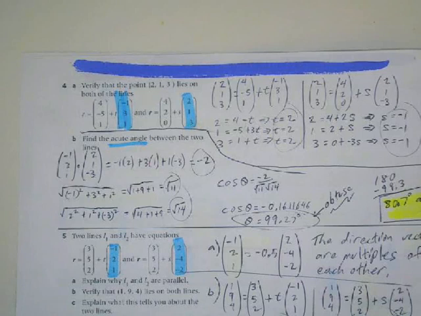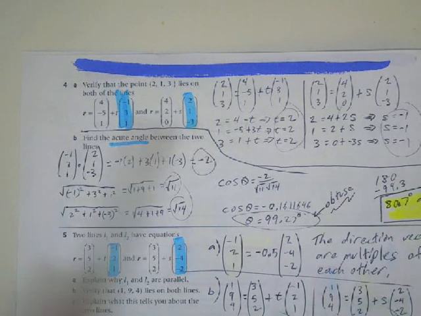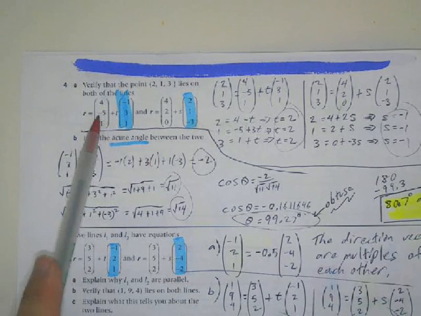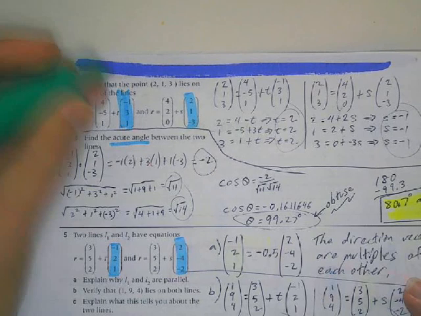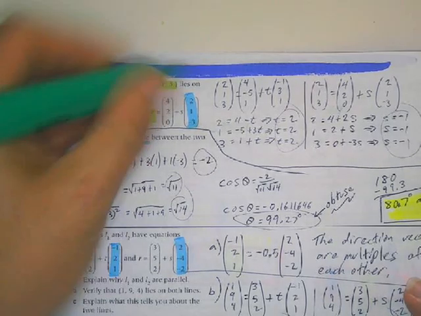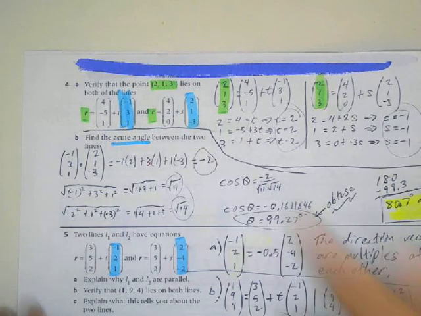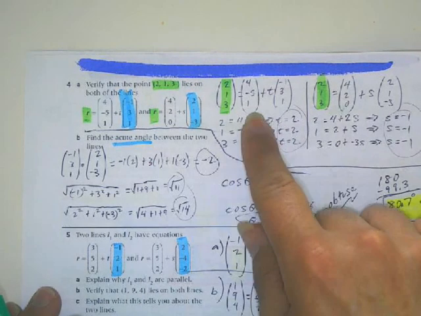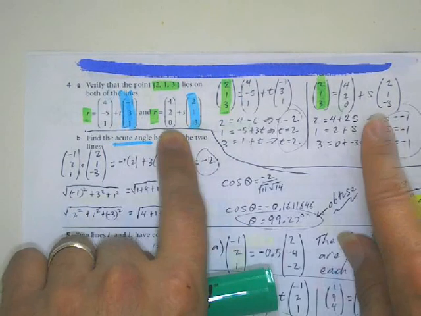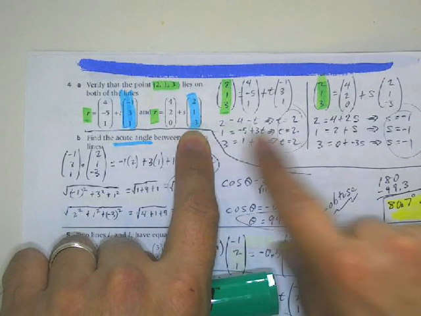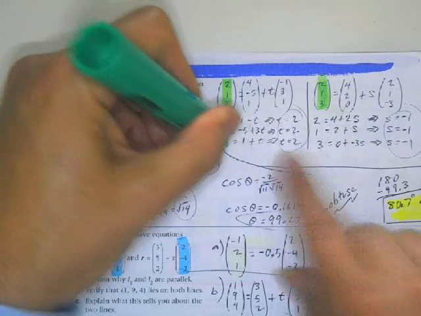Okay, verify this point lies on both lines. So what did I do? I made r equal to these values, 2, 1, and 3. This is the first equation here. This is the second equation here. I rewrote it in parametric form, and I put in the 2, the 1, and the 3 in place of r.